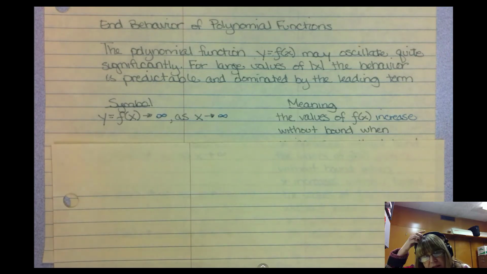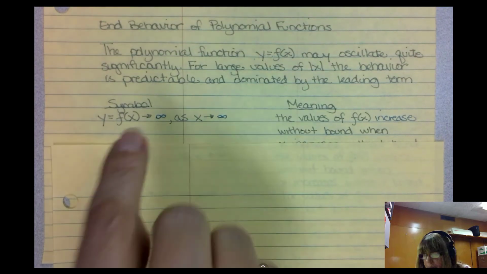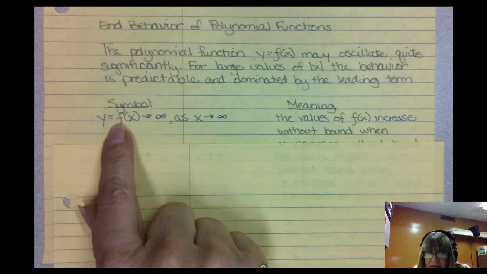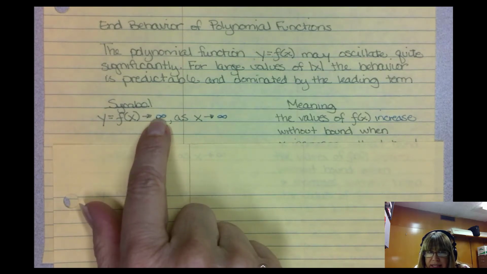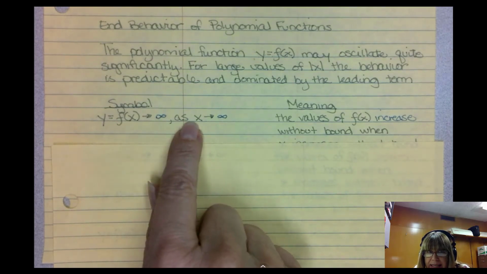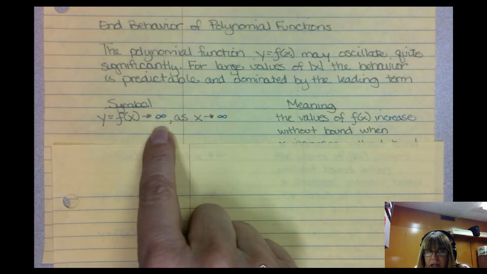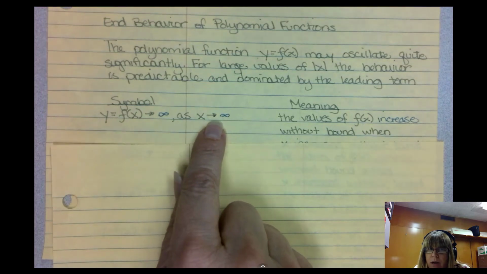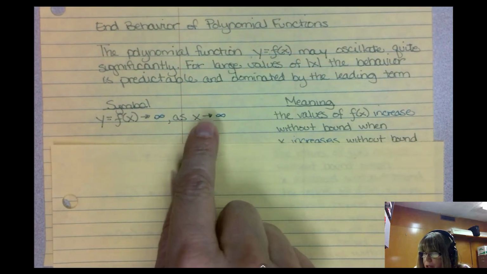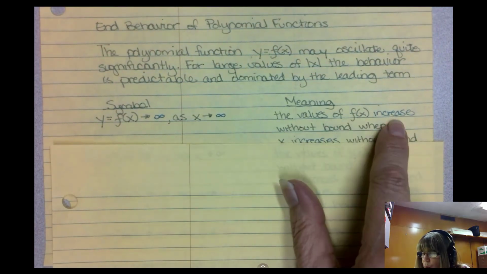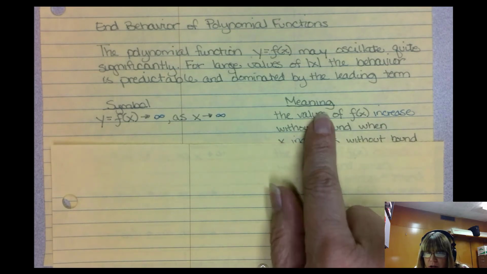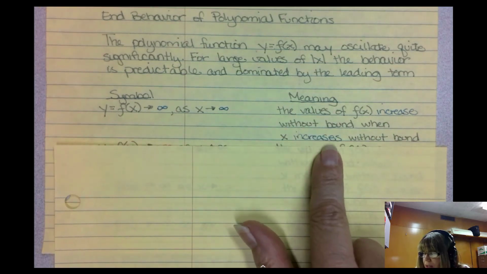Okay, so here we go. I want to talk about some notation really quickly. When we have y equals f of x as x approaches infinity, our function approaches positive infinity as our x value approaches positive infinity. So the values of f of x increase without bound when our x increases without bound.